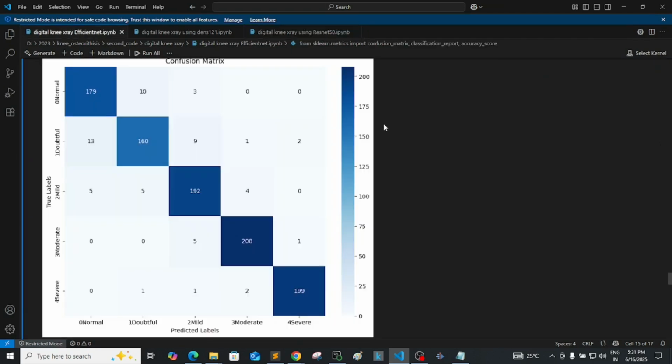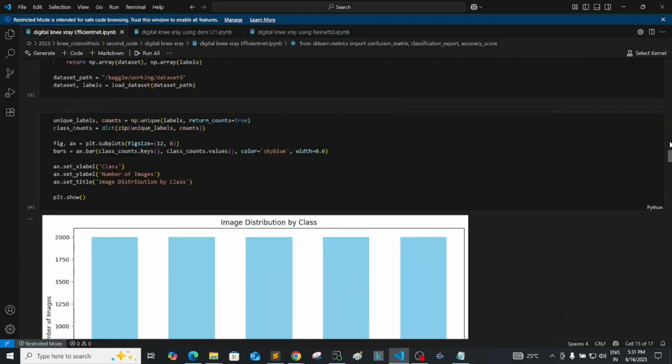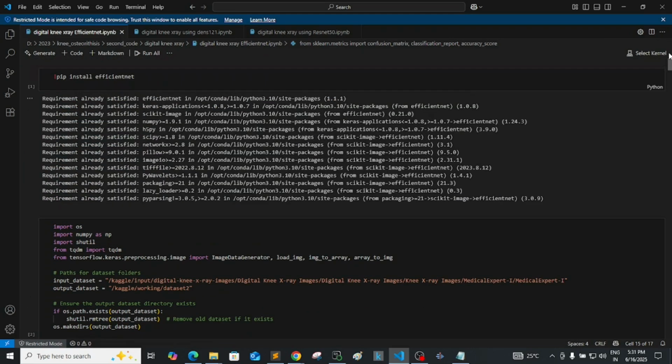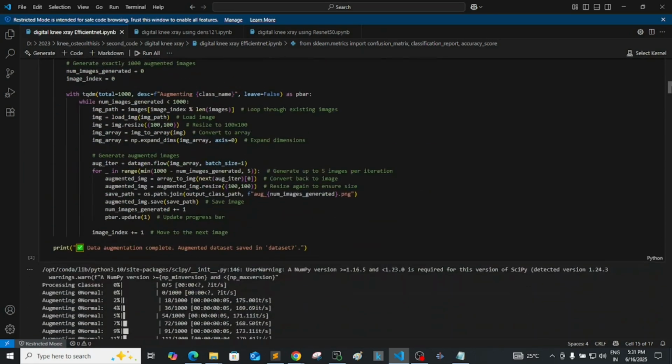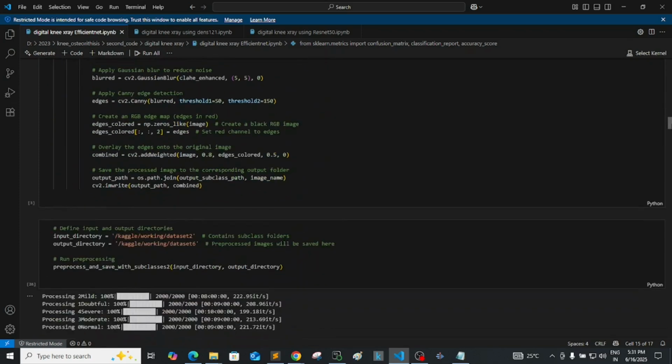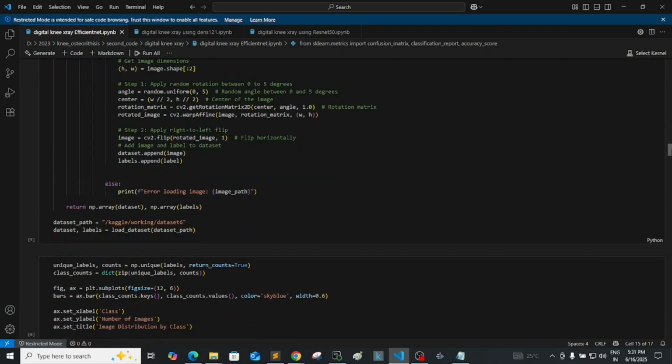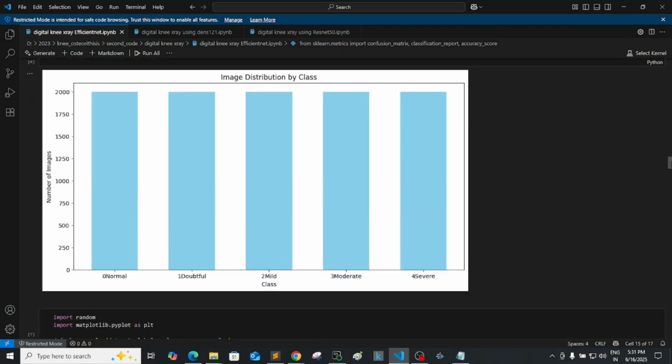In our case, first we take our dataset, and then we balance our dataset, which only the third paper discusses. In our case, each class we made 2000 images. 2 into 5, around 10,000 images, which is a lot larger than any paper we discussed till now. Why we are making sure our dataset is well balanced, I'll tell you here.